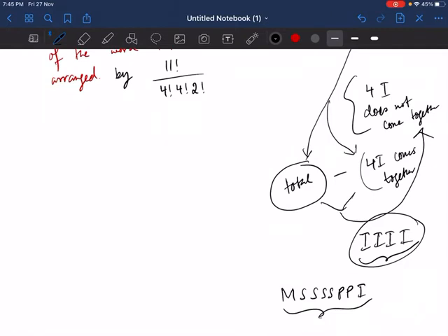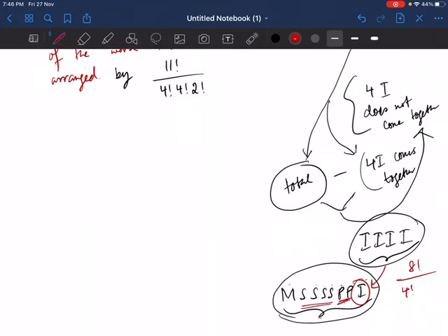So now all I have to do is find the number of ways we can arrange this. If I find the number of ways we can arrange this, this will signify that all the I's are together, because I'm thinking of all the I's as a single entity I, right? So now how many letters do we have? 1, 2, 3, 4, 5, 6, 7, 8. So we have 8 factorial divided by how many equal entities are there? 4 S's, so 4 factorial.